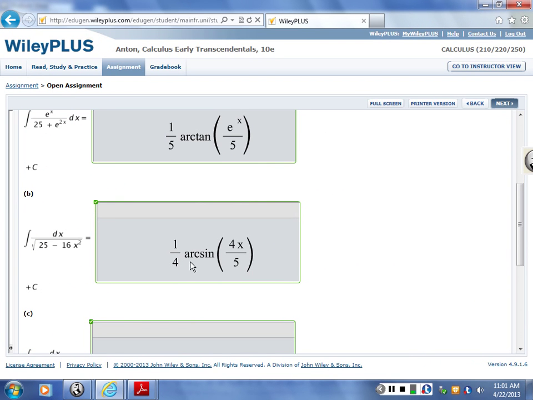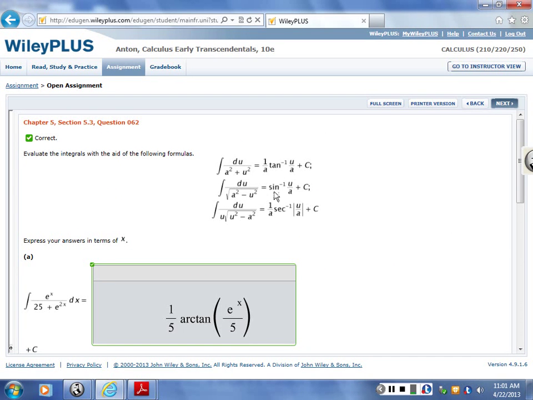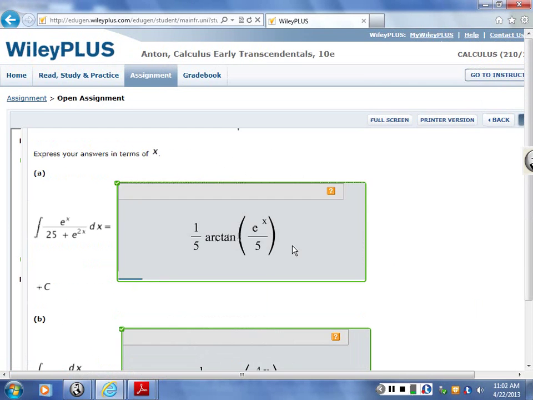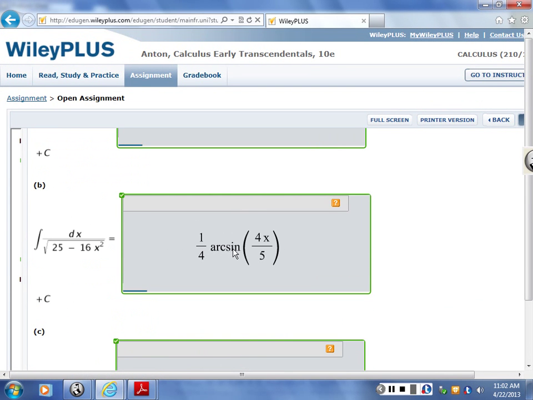Then sine inverse, and that doesn't really show up here, because it's not 1 over A, it's 1 over the derivative of U. So if you plug that one in and you don't know why it's not working, it's because you need arc sine of U over A, but when you pick U, you need a du to cancel.